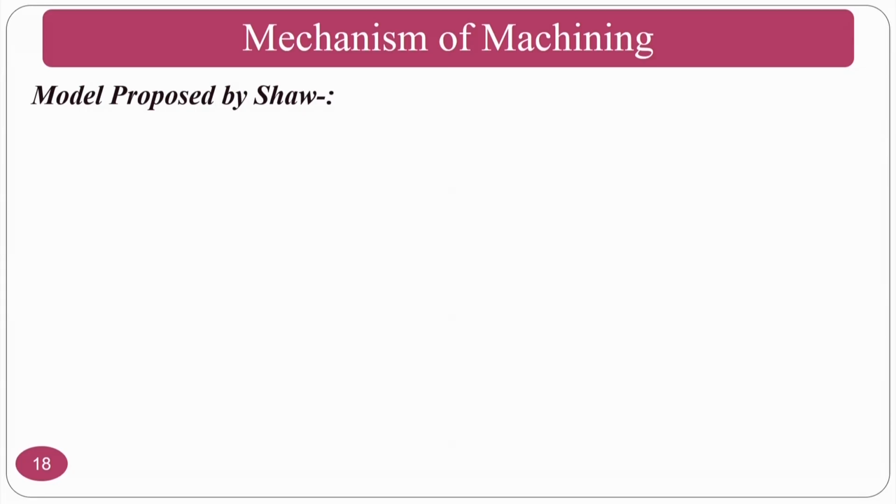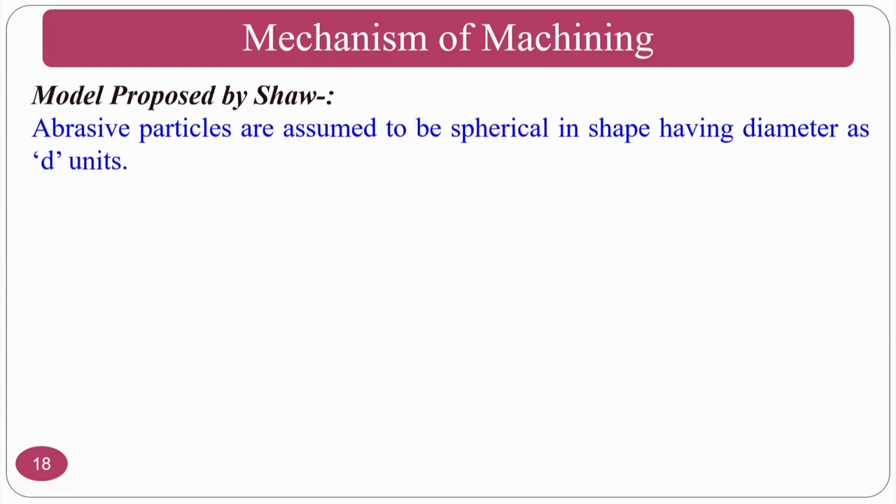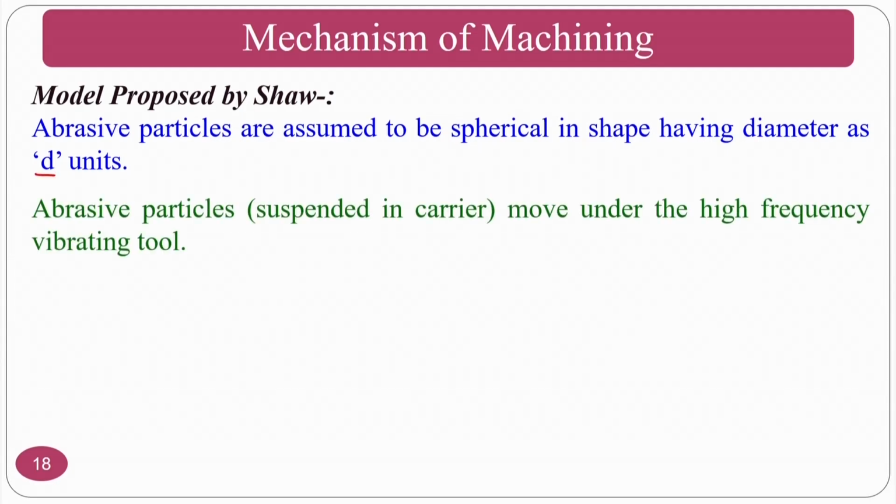The material removal mechanism model is proposed by Professor Shaw. Abrasive particles are assumed to be spherical in shape, having diameter d. Abrasive particles suspended in a carrier move under the high frequency vibrating tool. That means all the abrasive particles that you are feeding, as in the previous figures, are moving beneath the tool.